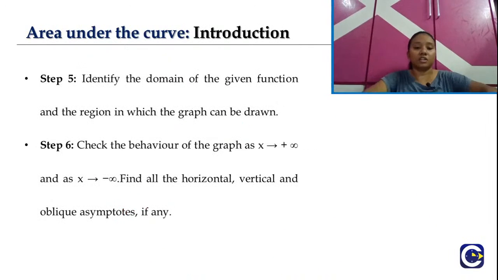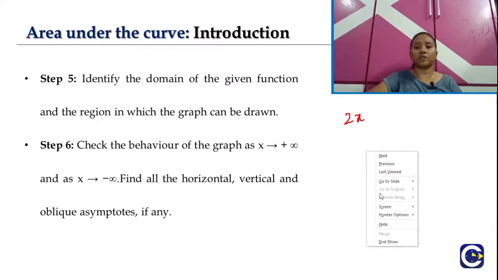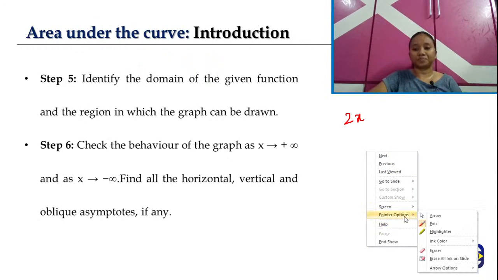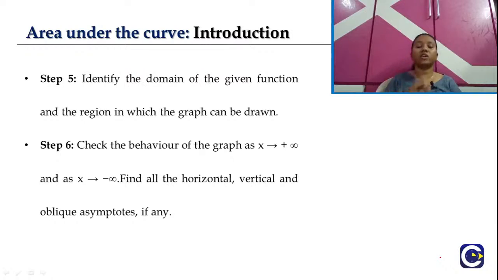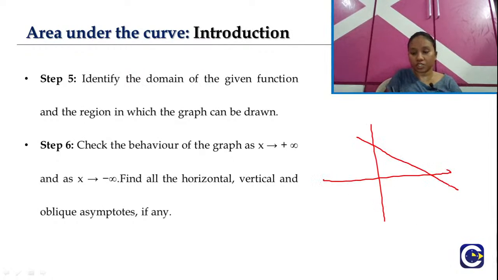And here we have a few more: identify the domain of the given function and the region in which the graph can be drawn. We know how to find the domain. Domain is nothing but all the x values we are taking. For the previous example also we can check.